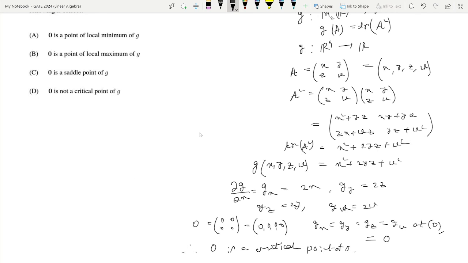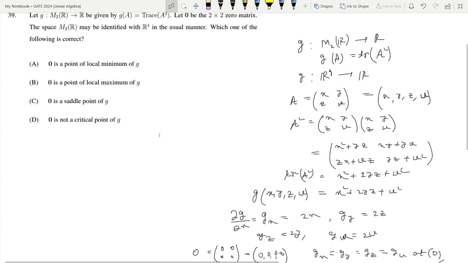Now we show that 0 is not an extreme point. As 0 is a critical point of G, option D is not the correct option.